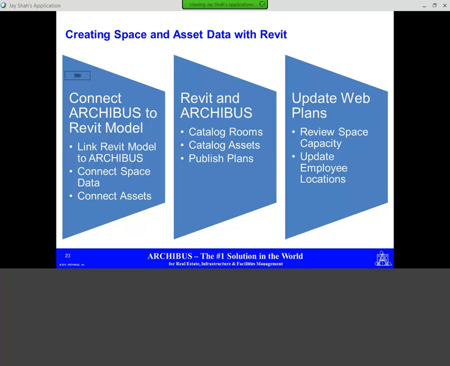You can bring in your Revit model and its associated information or data, such as schedules and manuals and building space inventory, all that information into the ARCHIBUS database, and you can pull up all those reports in a 2D format in ARCHIBUS Web Central.